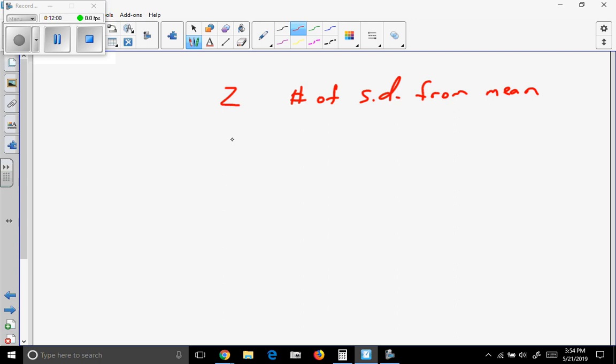So if we know how far a particular value is from the mean, how do we do that? We take our value and subtract the mean. So that gives us the deviation from the mean, the distance from the mean. And then if we want to find out how many standard deviations that is, we divide it by the standard deviation. So that's how we'll get the z-value.